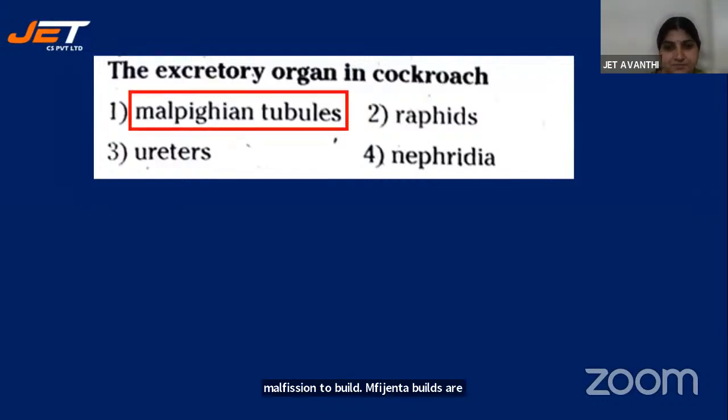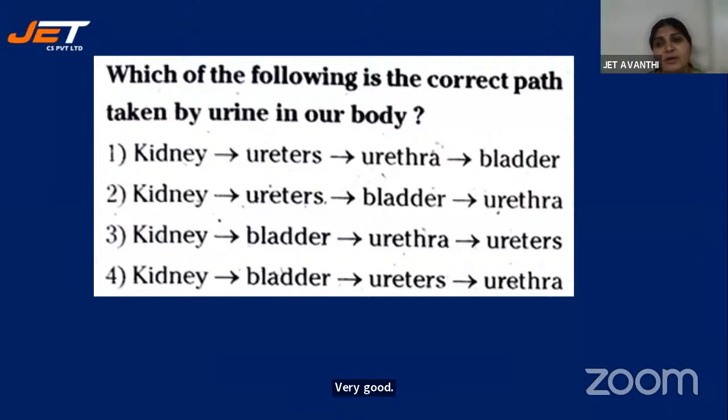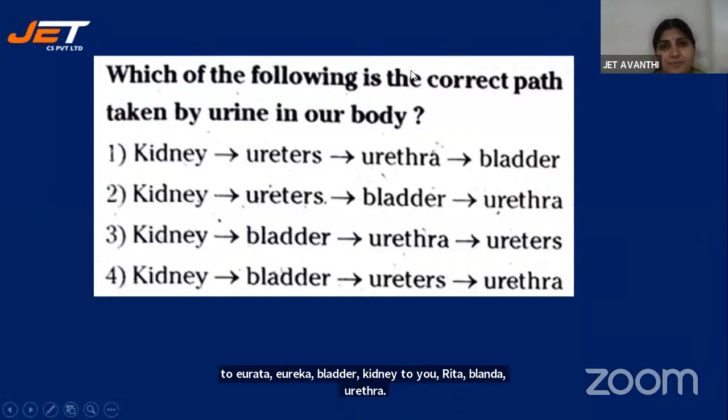Very good. Then, which of the following is the correct path taken by urine in our body? From where to where will the urine flow? Kidney to ureter, urethra, bladder. Kidney to ureter, bladder, urethra. Kidney to bladder, then to urethra and ureter. Kidney, bladder, ureter, urethra. What's the answer, children?